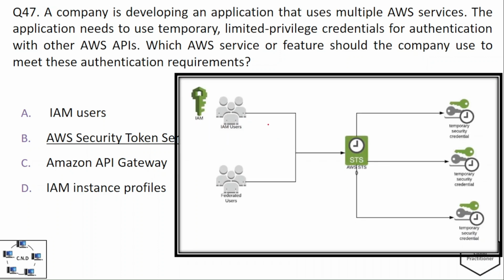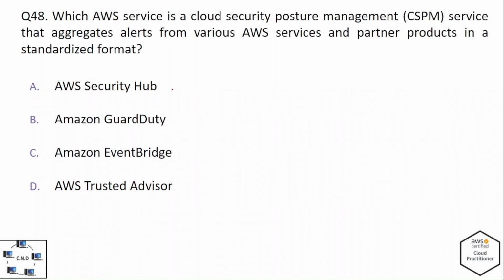So this AWS STS basically lets you create temporary and limited credential accounts that you can then use inside your services that are required to make connection or talk to other AWS APIs.